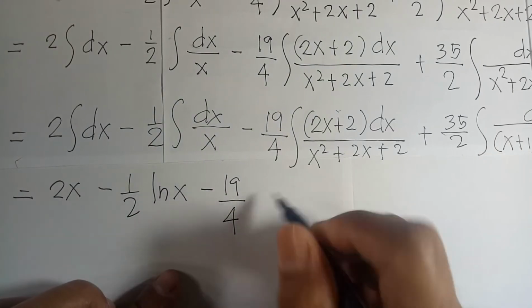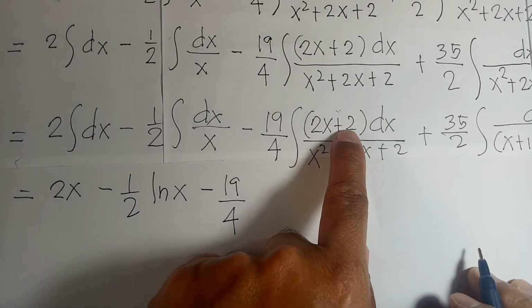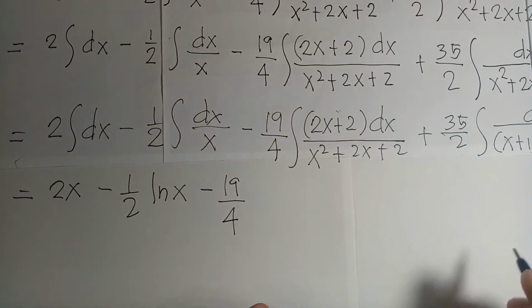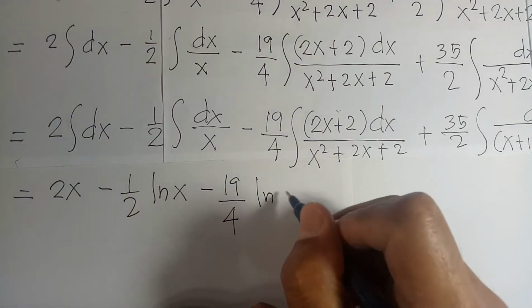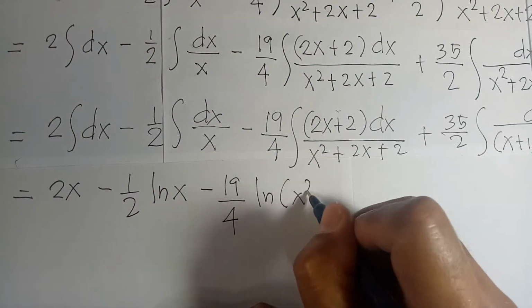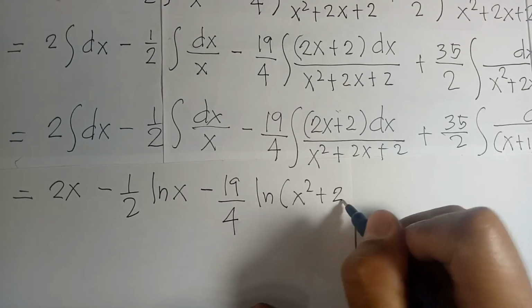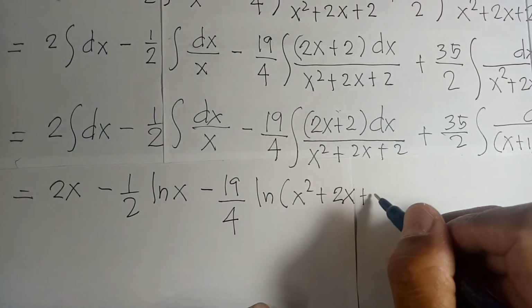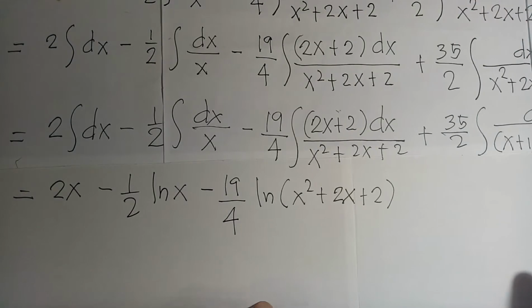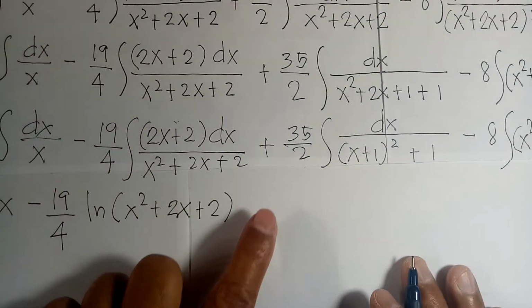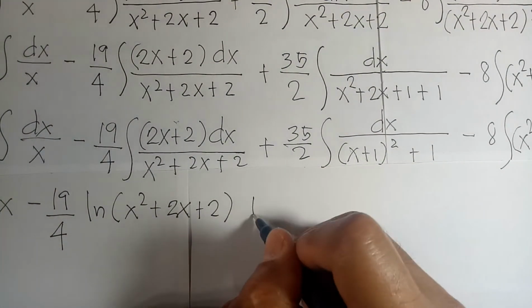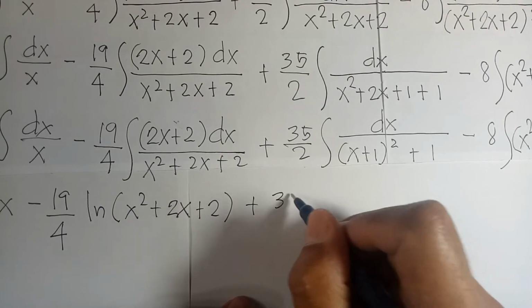So, ito rin, integral of du over u. No? So, ln of x squared plus 2x plus 2. And then plus 35 over 2.